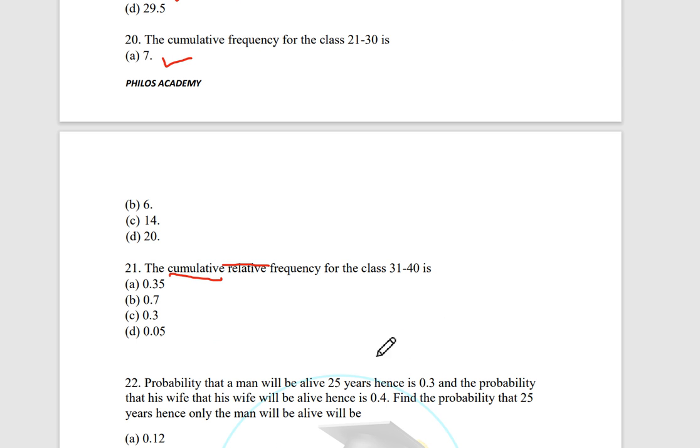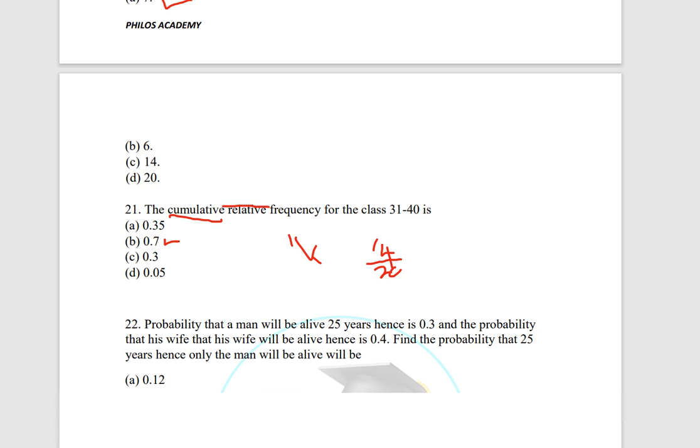Let's take 14 divided by 20 quickly. It gives us 0.7, right? So the correct answer for question 21 is B. Okay. So let's proceed to the next question.